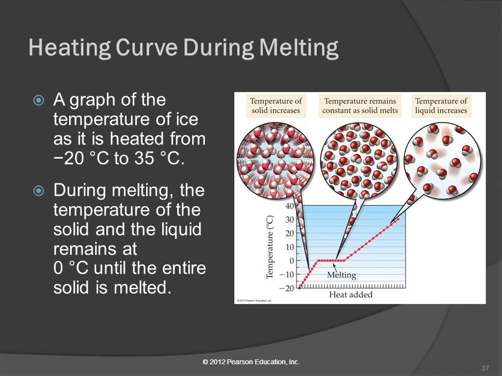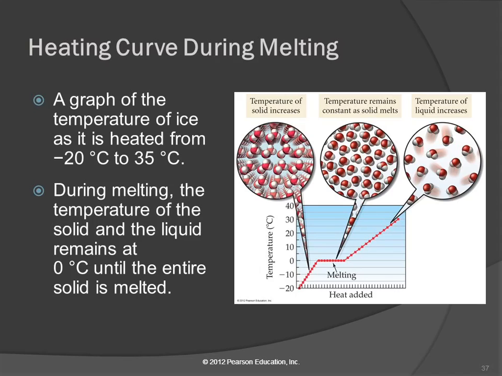So if we look at a heating curve for melting, similar to what we looked at for boiling, here, if we take water at minus 20 degrees, it's frozen into ice. And as we add heat, the temperature of the ice increases until it gets to the melting point. At the melting point, now these particles, these molecules, begin to slide next to each other. They melt.